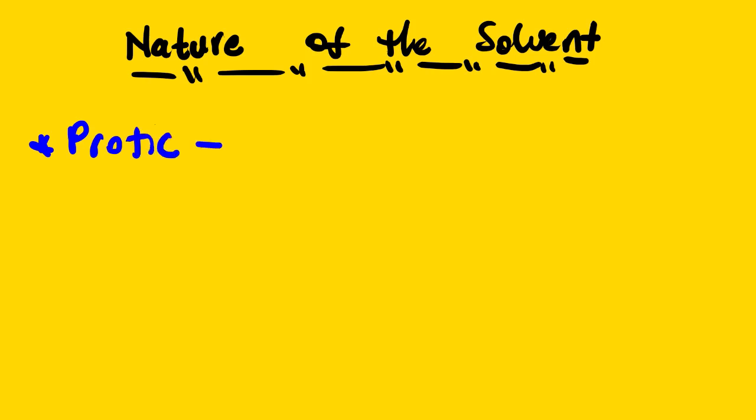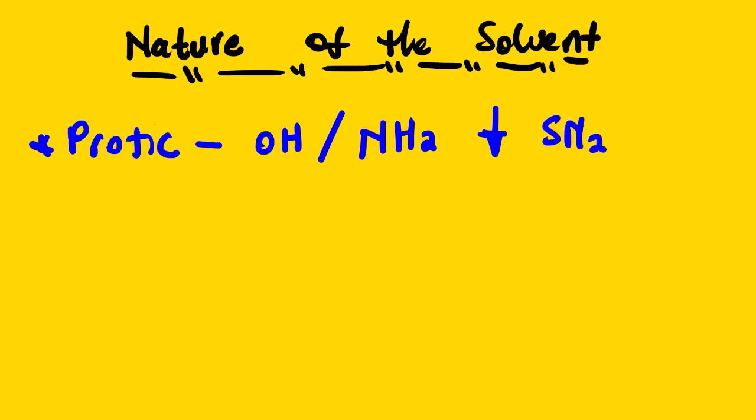You should know that protic solvents, which contain OH or NH2, slow down the SN2 reaction, meaning that they are not ideal or good for the SN2 reaction. They actually slow the reaction down.